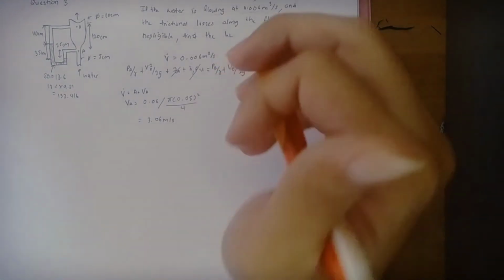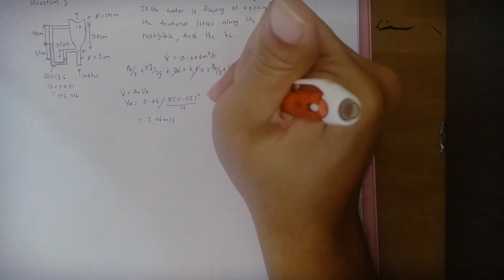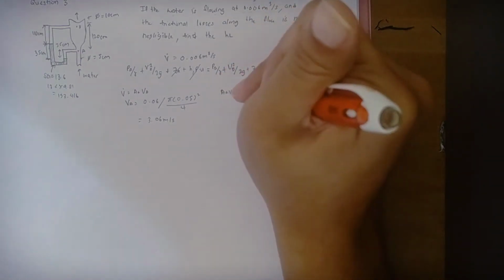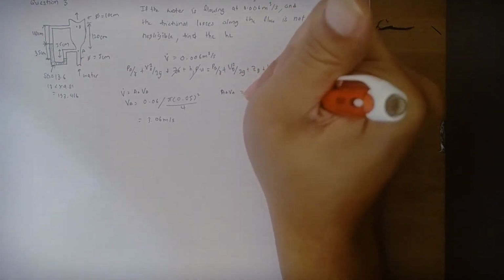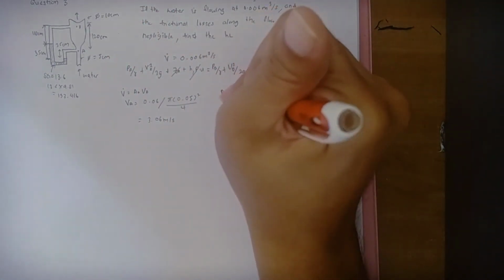After we get VA, we can find the velocity for point B. VA times AA is equal to AB times VB.